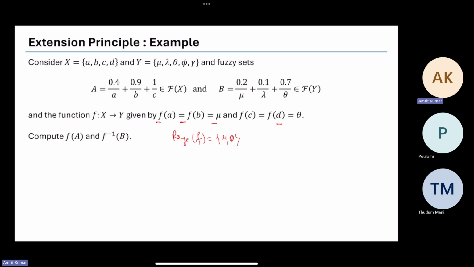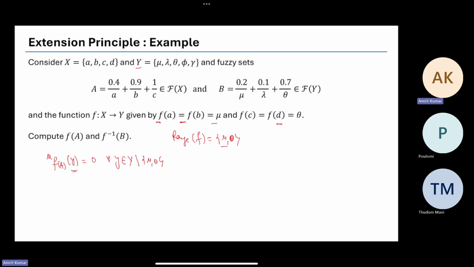Therefore, if you pick any element of set Y except these two, the membership function of y in f of A is going to be zero for every y in our set capital Y such that y is not equal to mu and y is not equal to theta.